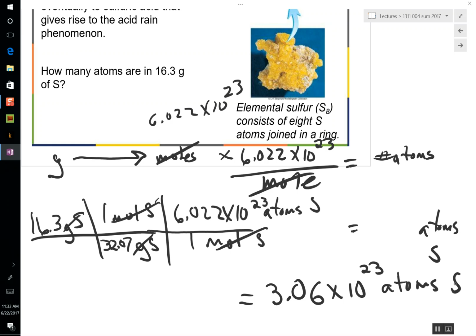You get the wrong answer. You see this 6.02 times 10 to the 23rd? If it's sitting down here in the denominator and you don't bracket it, it may divide this and look like it multiplied by that, and you do get a very different answer.